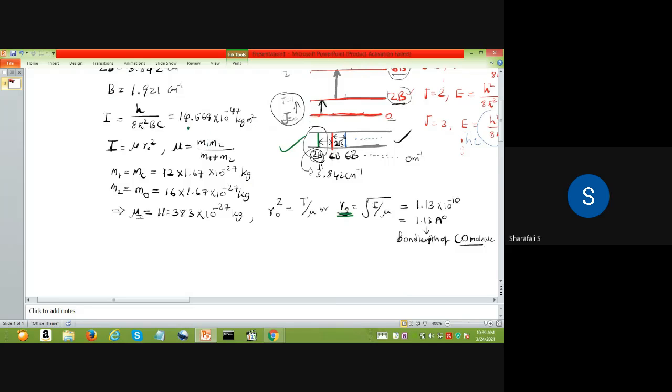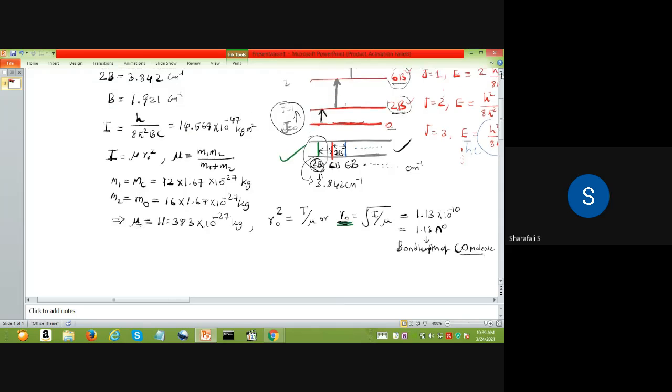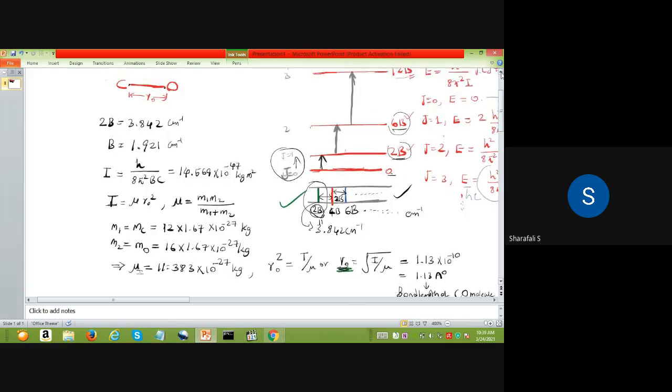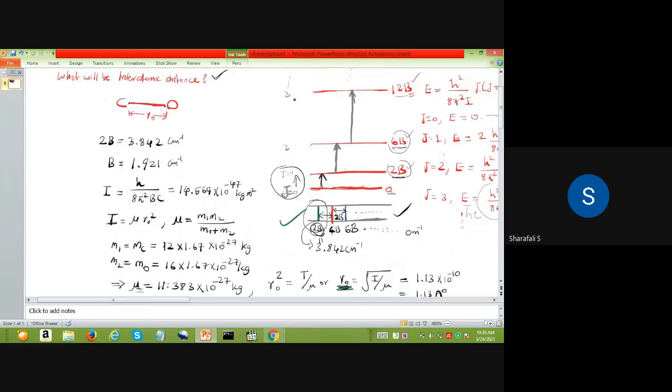So that is what we do in rotational spectroscopy, and these are the energy levels. This particular one we have drawn here. These are the energy levels, and the corresponding spectral output for the rigid diatomic molecule.